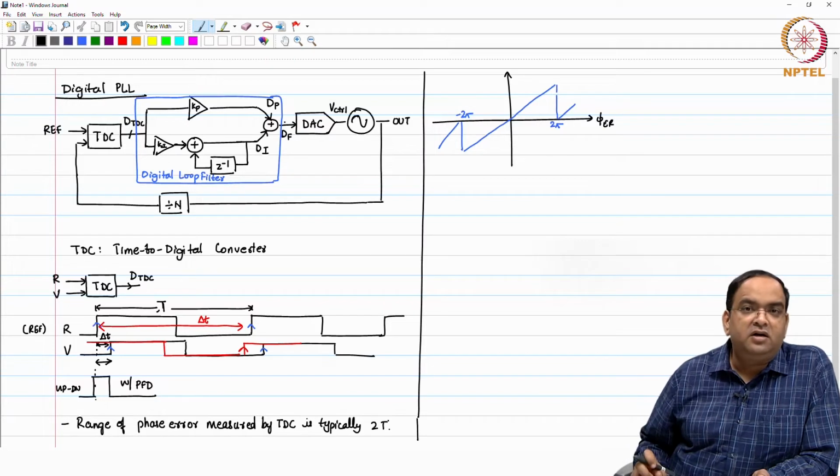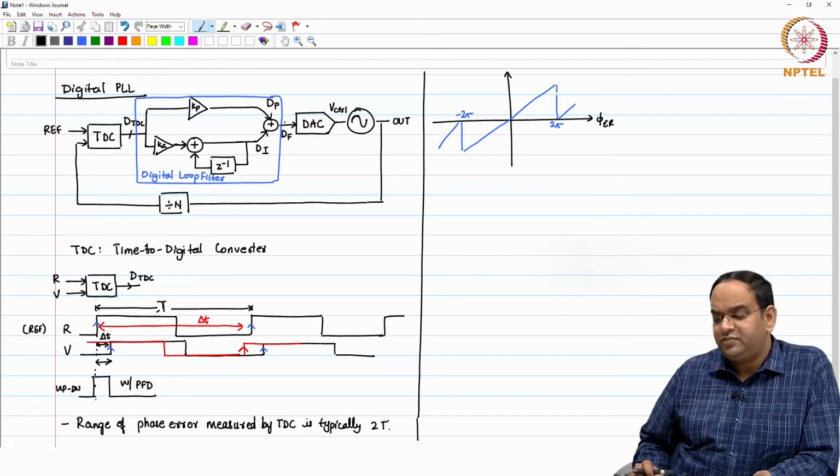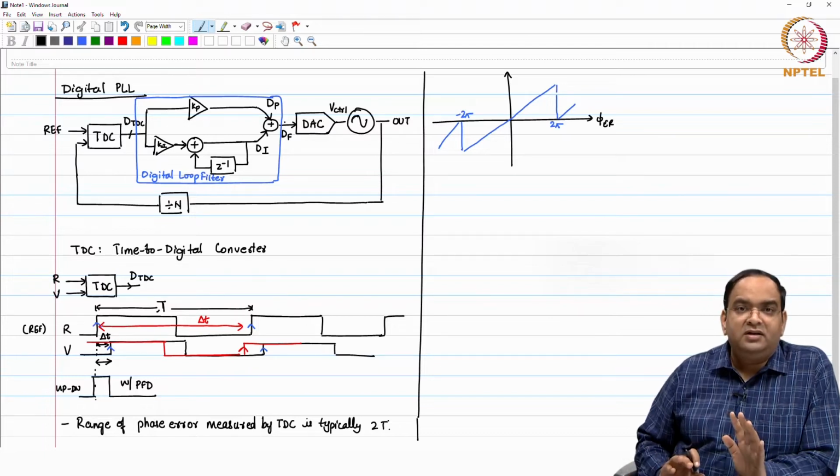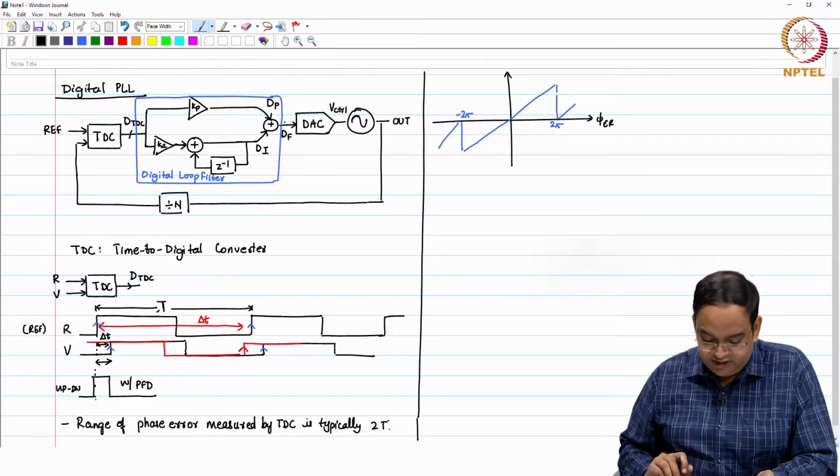You can say plus T ref to minus T ref, which gives you plus minus 2 pi. That is the maximum which you will use in general.